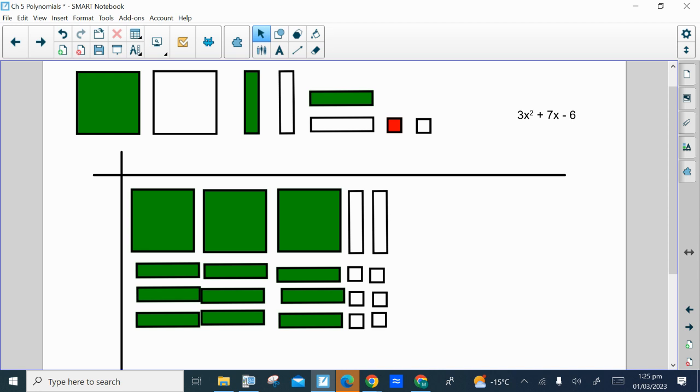I've built a rectangular shape. I've got my x squareds in the top left, my 1's in the bottom right, and I've got all my positives together and all my negatives together.